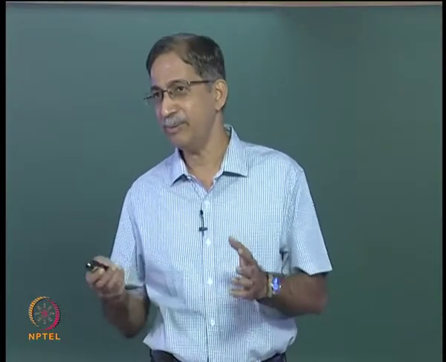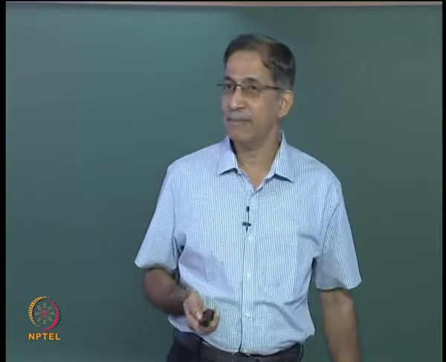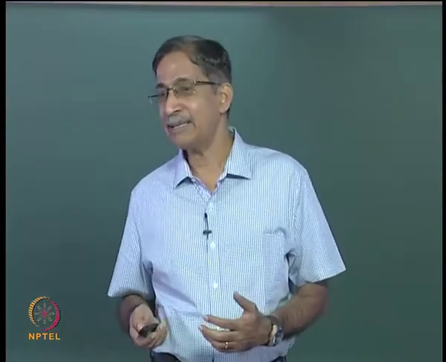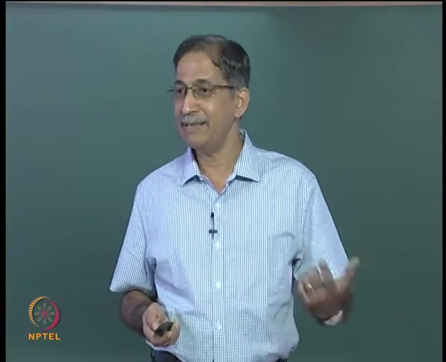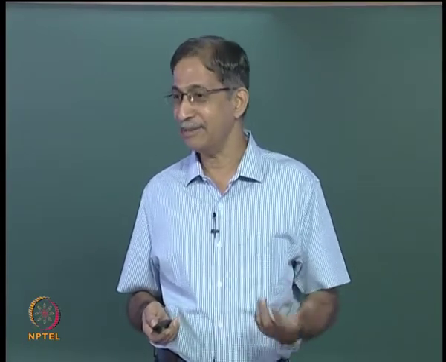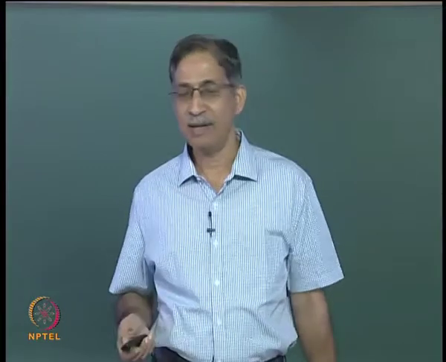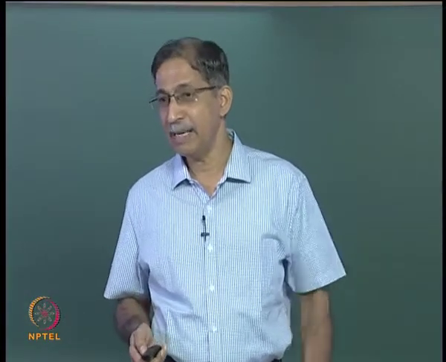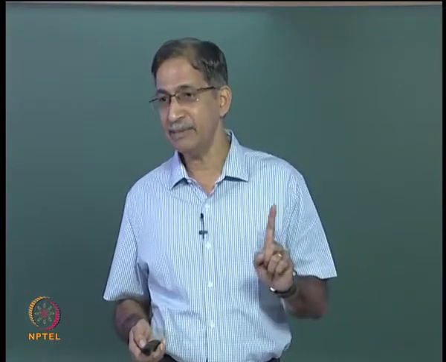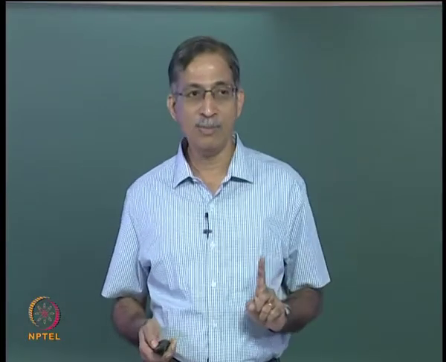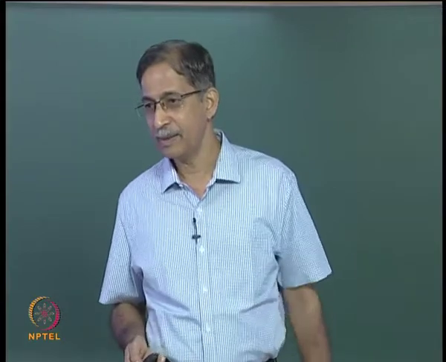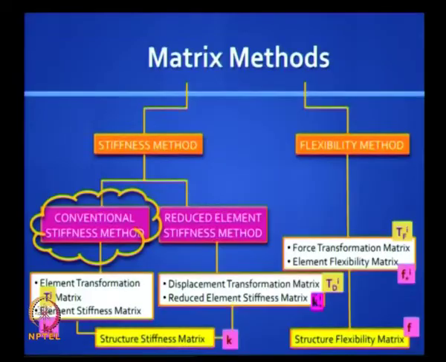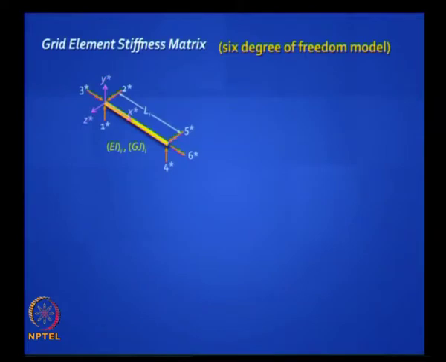Is it clear? So I am doing a generic formulation, but please note, if X and X star are separated by an angle theta, then Z and Z star are also separated by exactly the same angle, because it is just a rotation about the horizontal plane, and Y and Y star are identical because the normal to the horizontal plane is the same. Okay, let us look at this more carefully. We will look first at the conventional stiffness method. This is the element we were talking about.